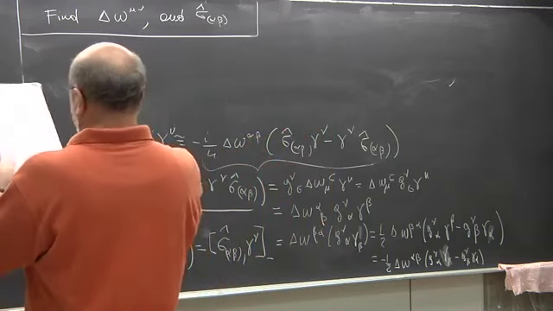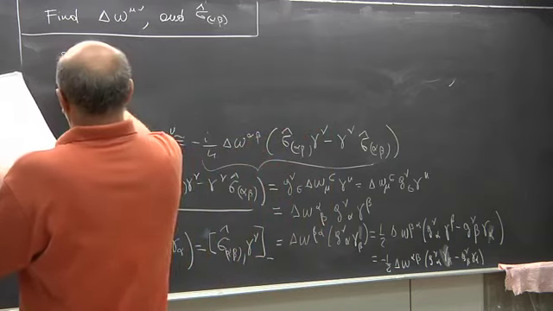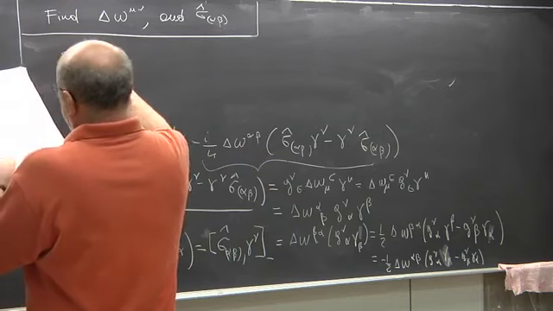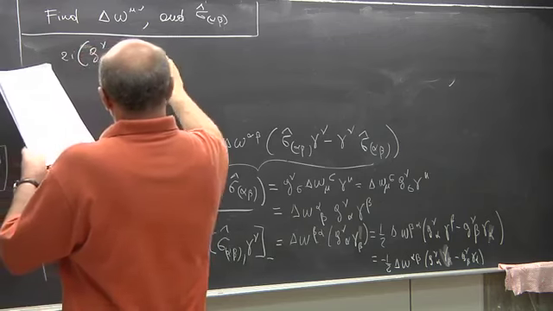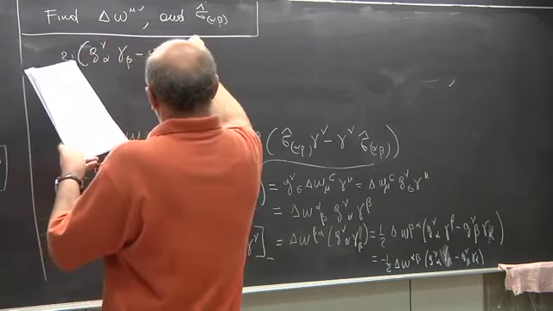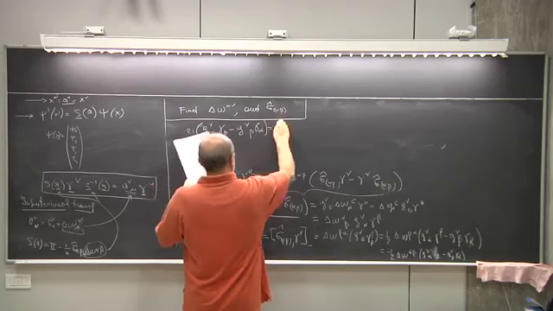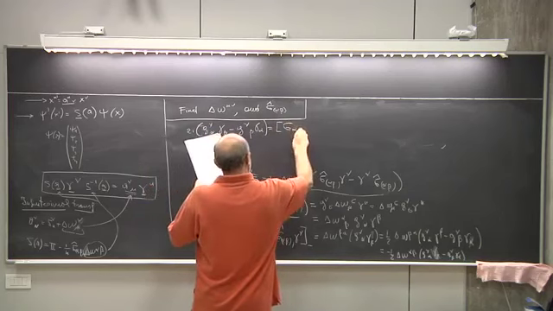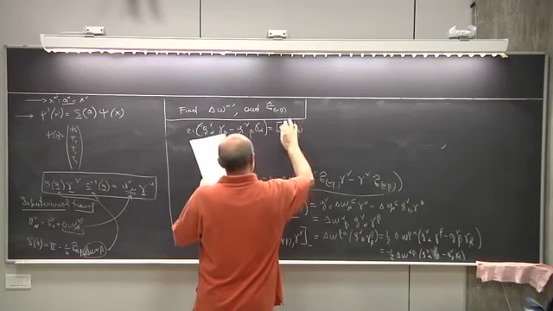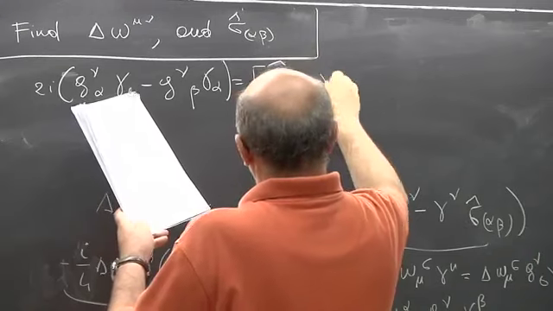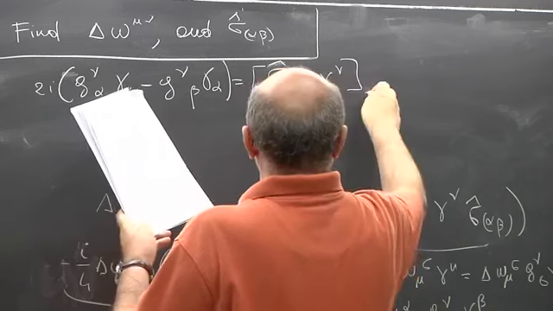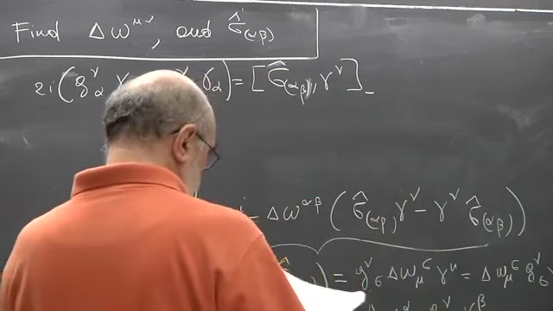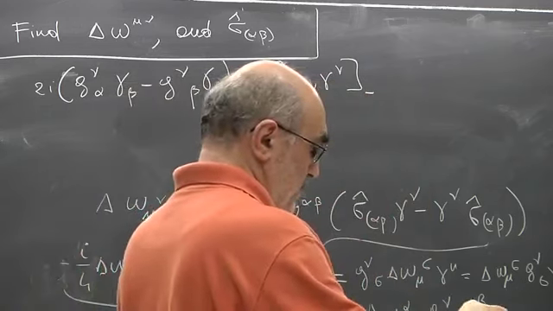So let's write down, we have 2i (g_{nu alpha} gamma_beta minus g_{nu beta} gamma_alpha) equal to sigma_{alpha beta} gamma_nu. And this is the commutator, so I put a minus there.